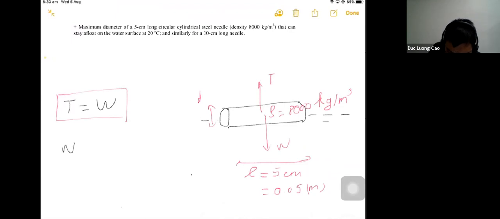Weight of the needle. How to find the weight of the needle? Weight will be equal to mass times g, and mass equal to density times volume.